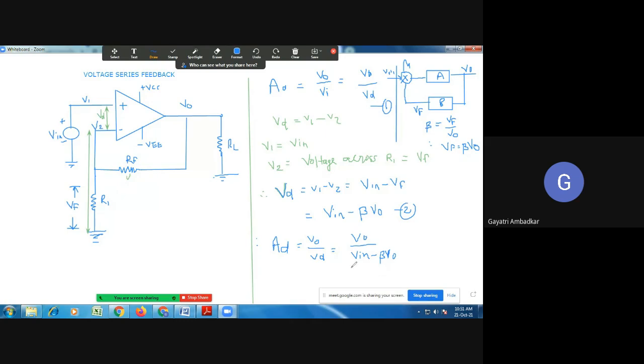Now we want this in terms of this voltage, so let us change it.